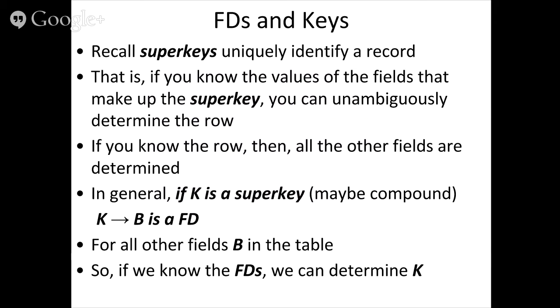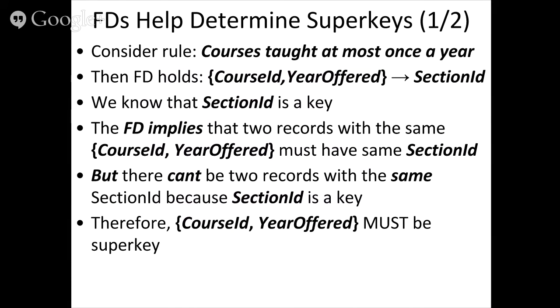So the left-hand side gives you a clue that perhaps these could be a good choice for keys. So functional dependencies allow you to identify what you might want to choose as keys for your table.